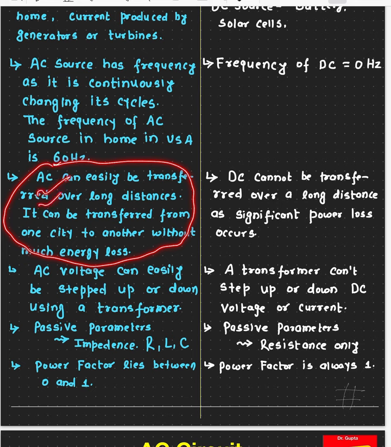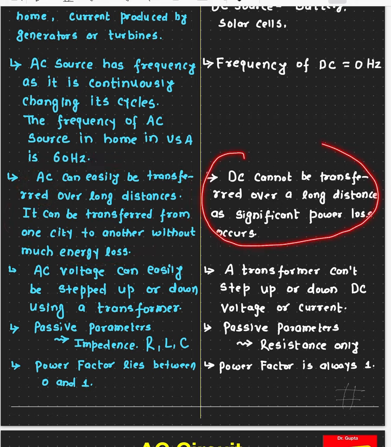But DC cannot be transferred over a long distance because of the significant power loss. The electrical wire has some inbuilt resistance, and there will be huge power dissipation through the wire. So DC cannot be transferred over a long distance, while AC can.